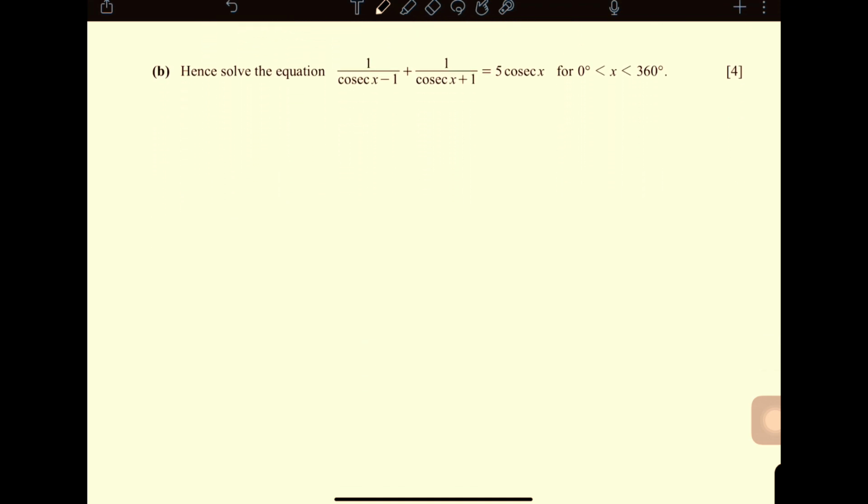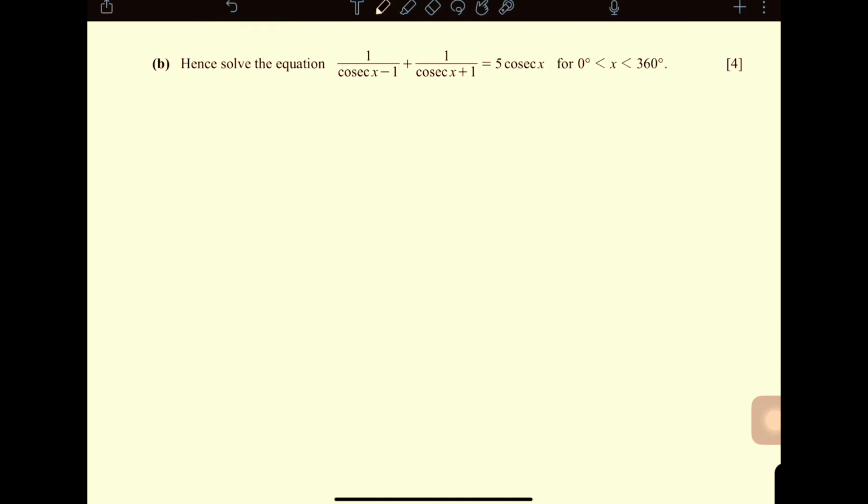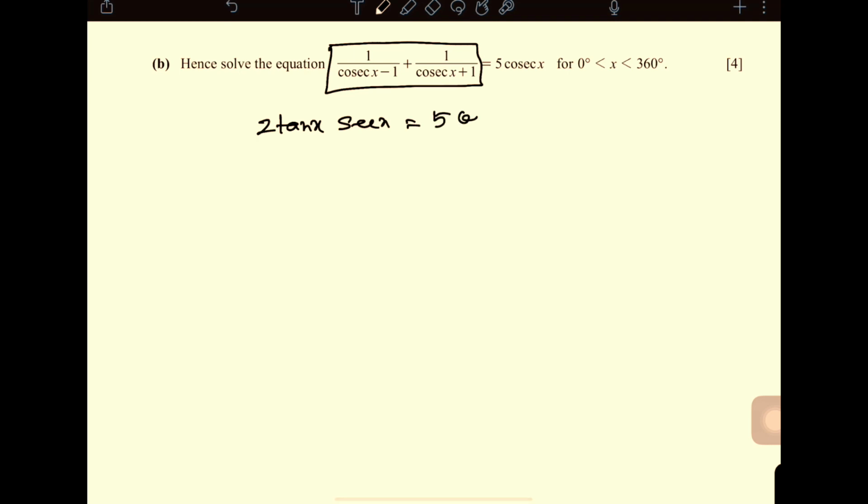Using that condition, hence solve this one. Already we have proved this one, I mean this one equals 2 tan x sec x. So let me substitute: 2 tan x sec x equals 5 cosec x.